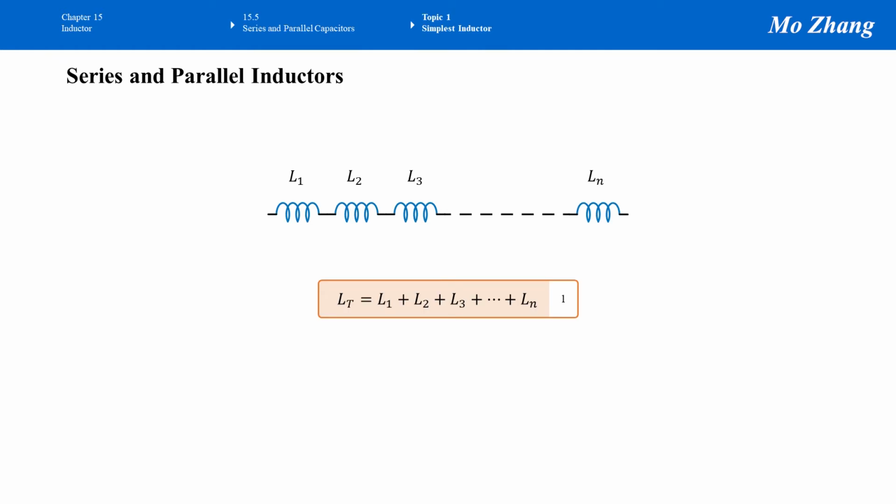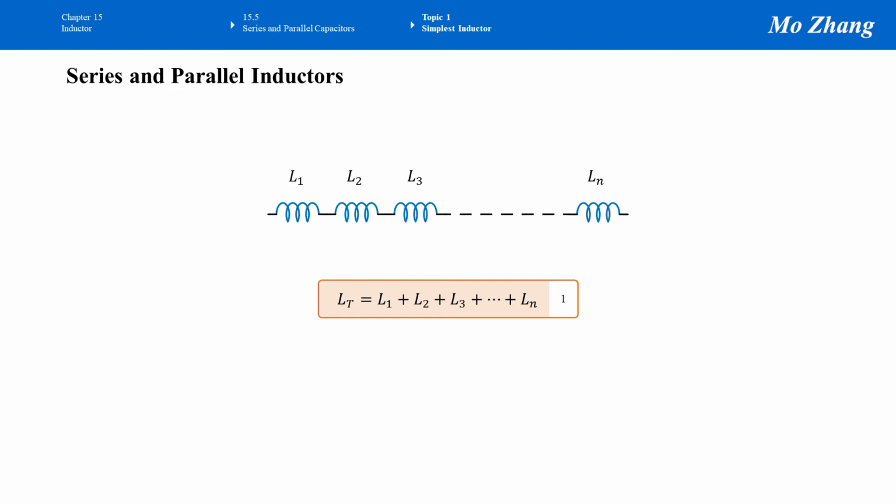Here we have n inductors connected in series. They are inductor 1 called L1, the second inductor L2, inductor L3, connecting to the last one, Ln, the nth inductor.